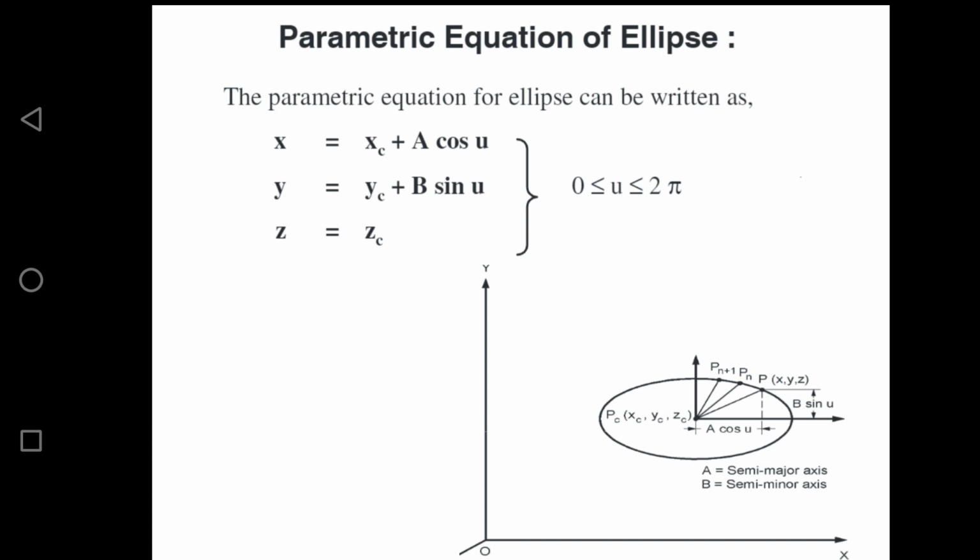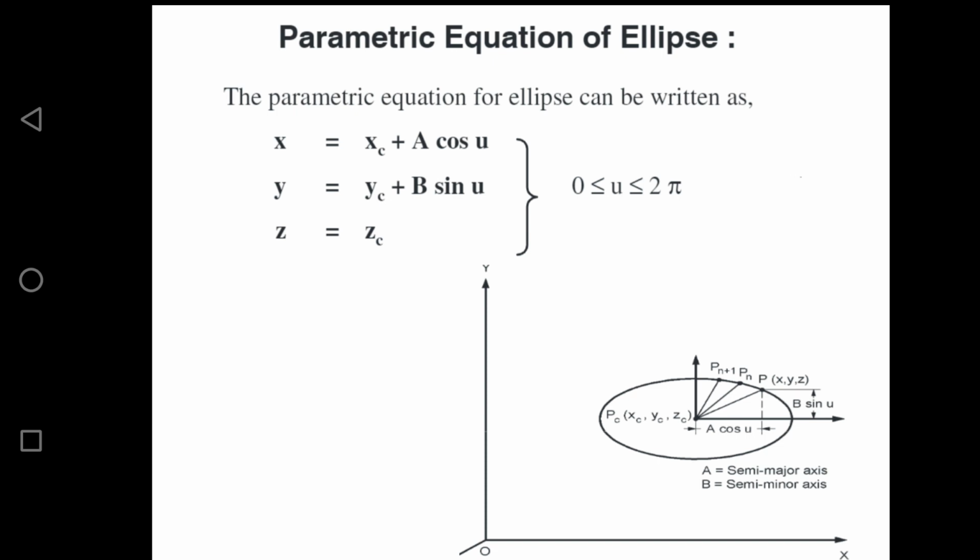The figure shows an ellipse with a center point PC having the coordinate points xc, yc and zc as the center, while A and B are the semi-major axis and semi-minor axis, where A is the semi-major axis, in the sense half of the major axis, and B is the semi-minor axis, half of your minor axis.